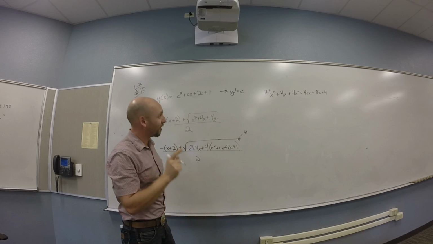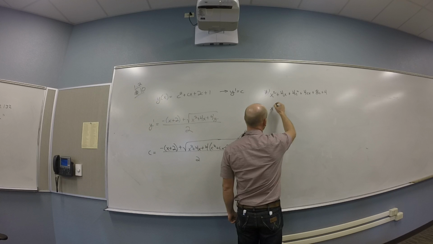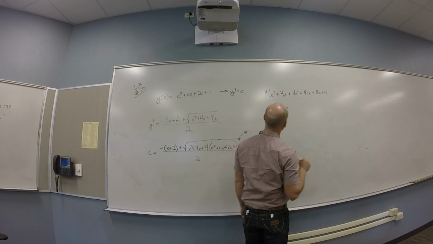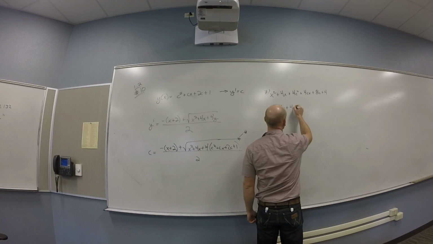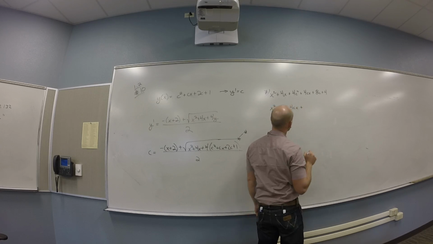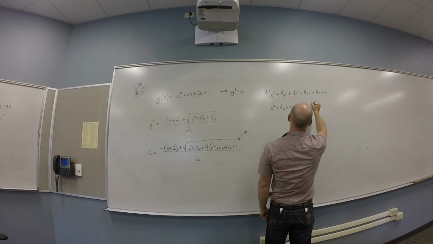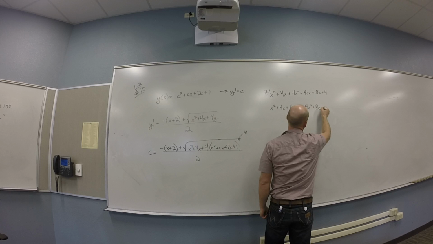And you would notice that that's x squared plus 4x plus 4cx plus all the stuff without any x's in it, so there's a 4c squared plus 8c plus 4.